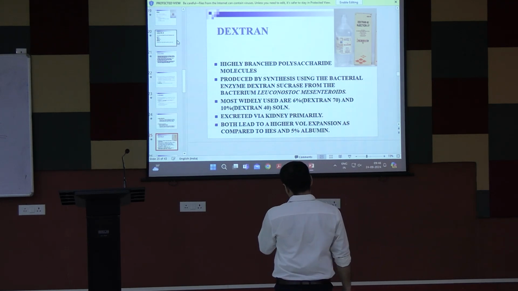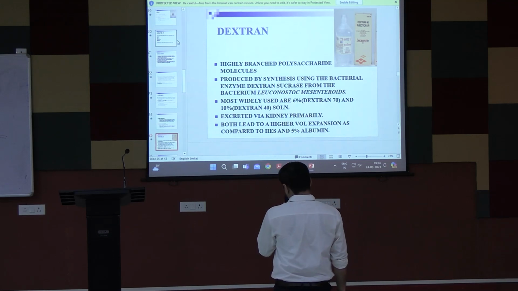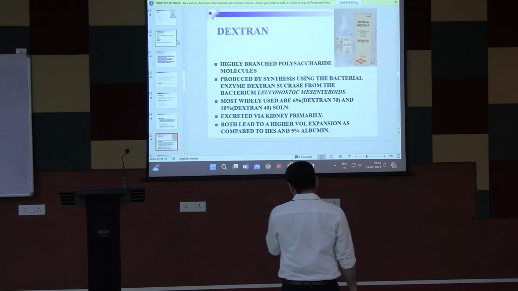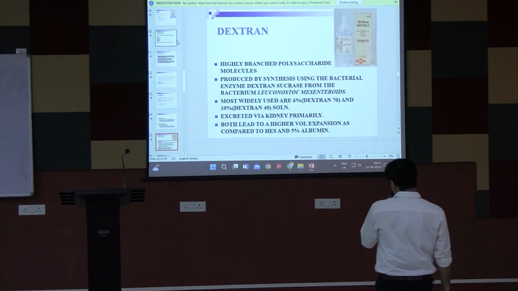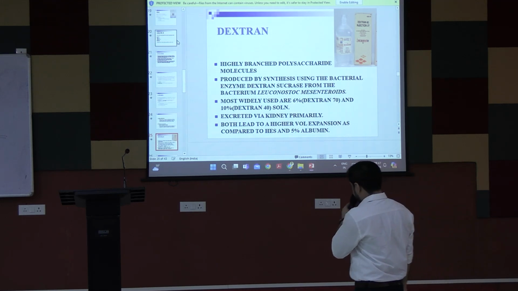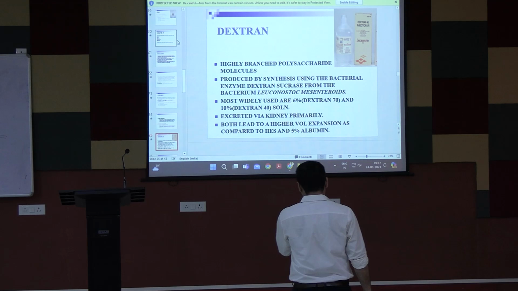Dextran: highly branched polysaccharide molecules produced by synthesis using bacterial enzyme dextran sucrase from the bacterium Leuconostoc mesenteroides. Most widely used are 6% and 8% solutions. Excreted primarily by the kidney, both lead to higher volume expansion as compared to hetastarch and 5% albumin.